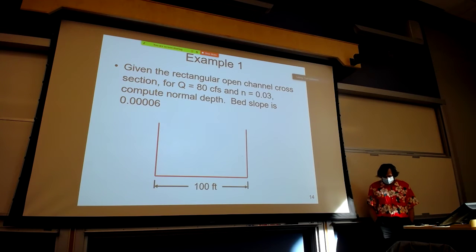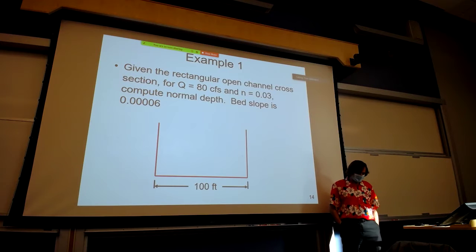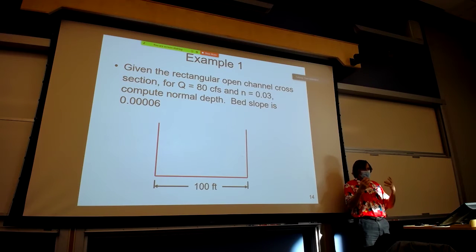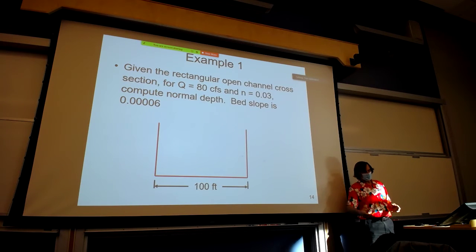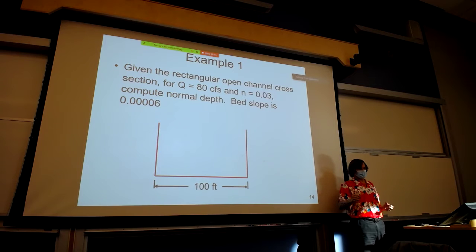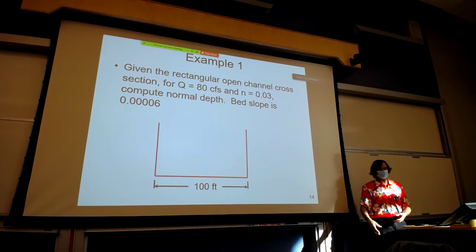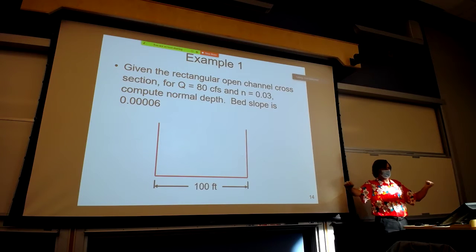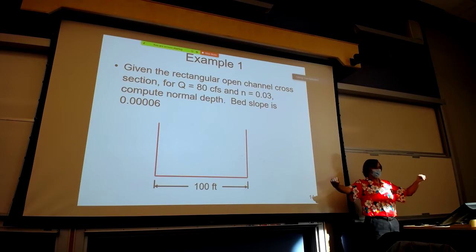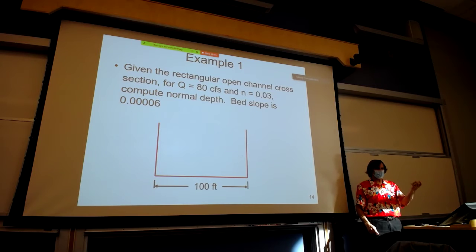So last time we did an example using Manning's equation, and in closed conduit flow, we had friction losses and minor losses. In open channel flow, we have friction losses and minor losses. The minor losses are calculated the same in both settings: a loss coefficient times the velocity head.